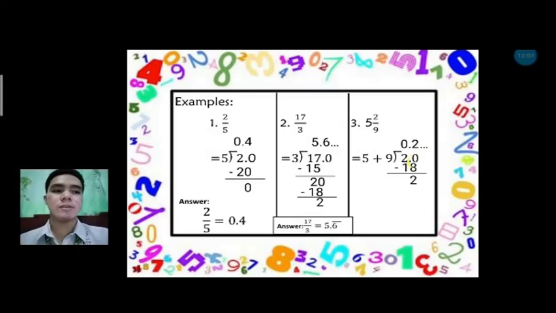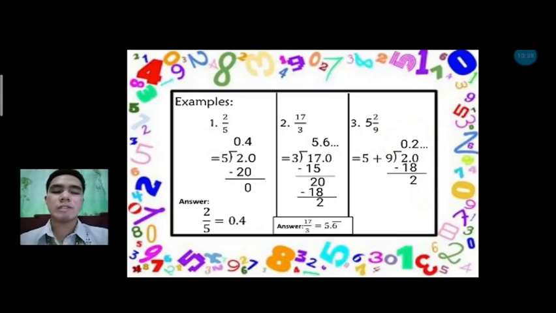We add 0, the number will become 20. So 20 divided by 9 is 2. 2 times 9 is 18. Now subtract, 20 minus 18 is 2. So again, if we add 0, that will become 20. We are going to divide it by 9, that is 2, because 2 times 9 is 18.